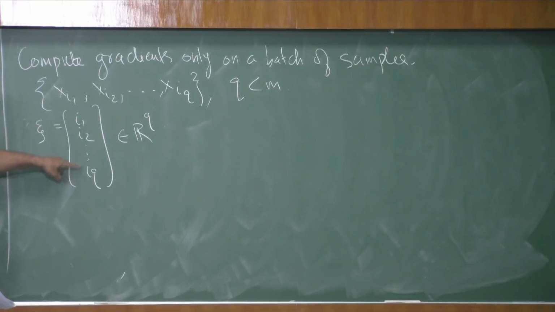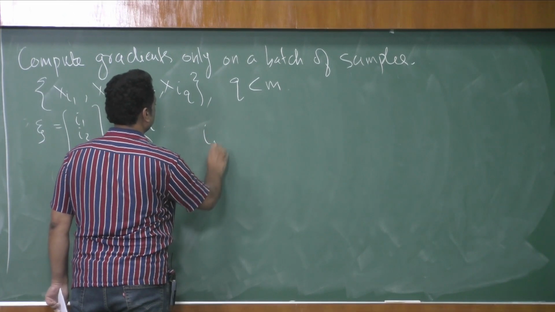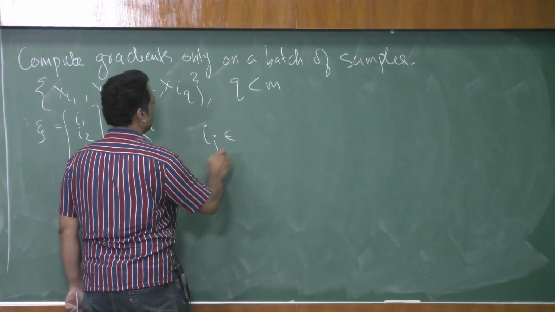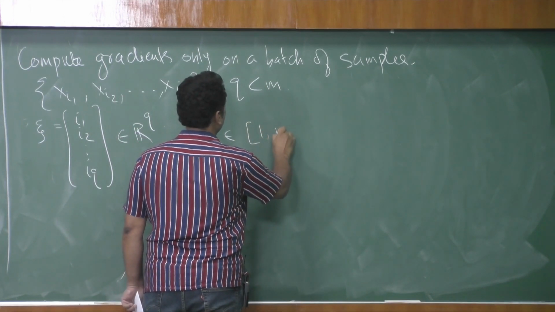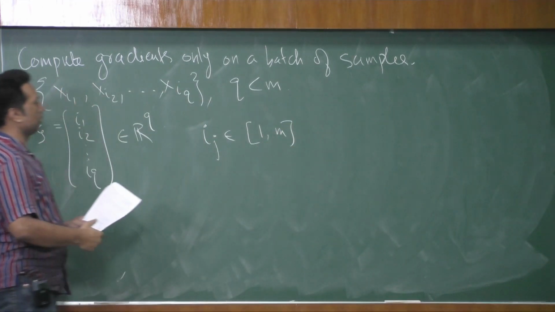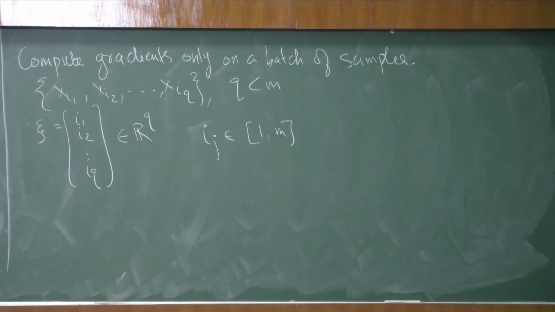Obviously you will sample these indices, and these ij indices are coming from the index set 1 to m. This is the notation for the set containing 1 to m. So we will pick this randomly.